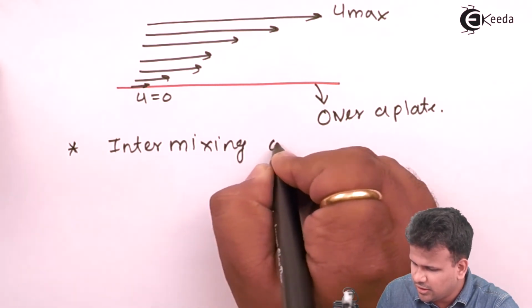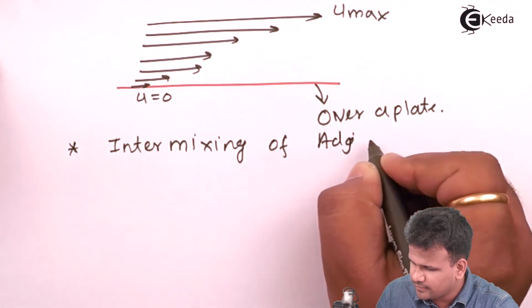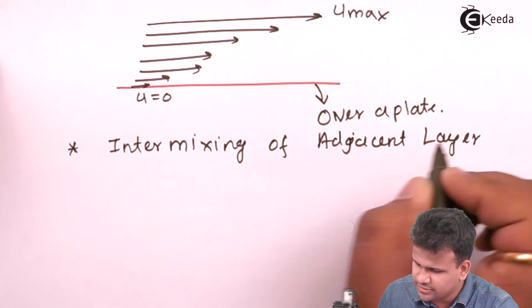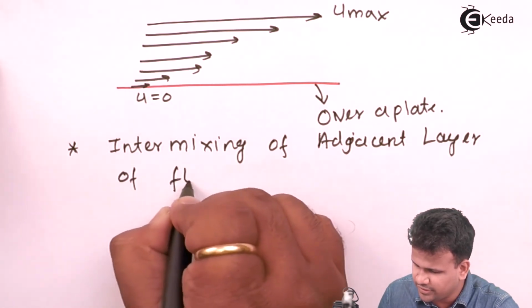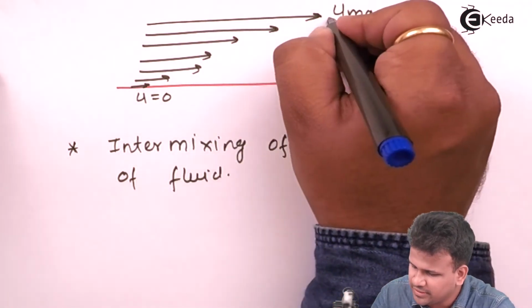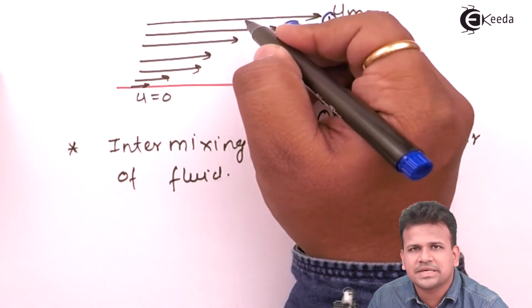In laminar flow there is no intermixing of adjacent layers of fluid. That means what? Layer number 1 and layer number 2 won't intersect each other.